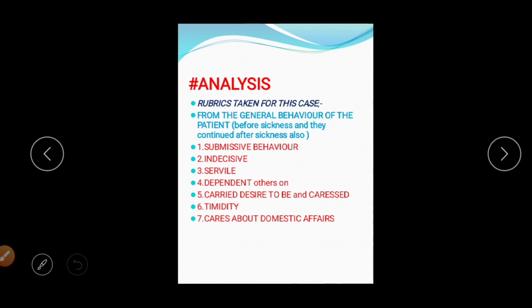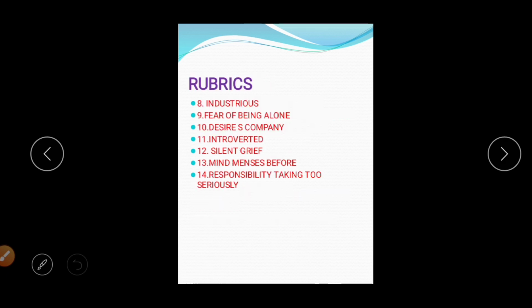So the symptoms are submissive behavior, indecisive, servile, dependent on others, carried, desire to be caressed, timidity, cares about domestic affairs, industrious, fear of being alone, desires company, introverted, silent grief, mind menses before, responsibility taking too seriously.